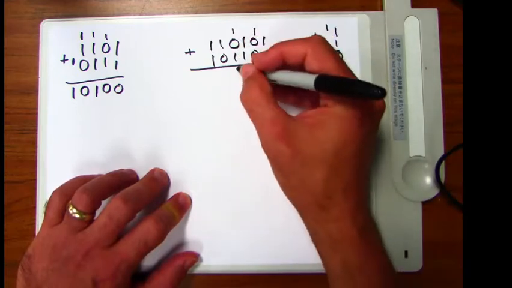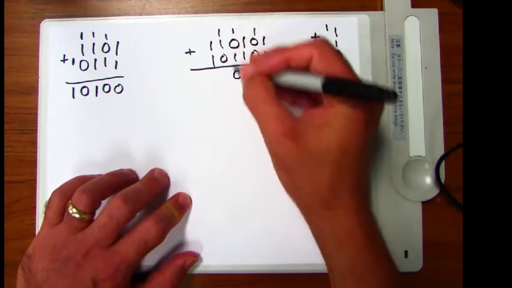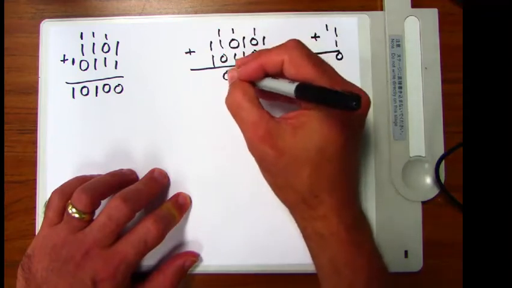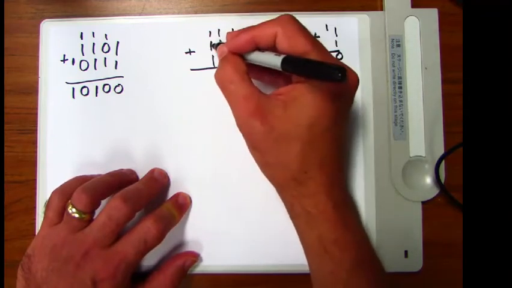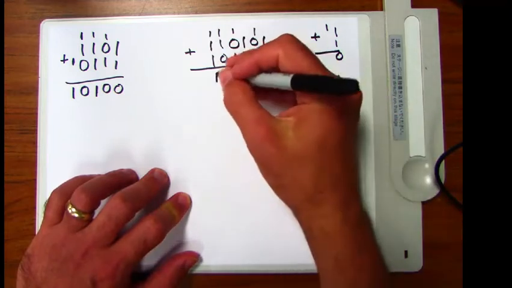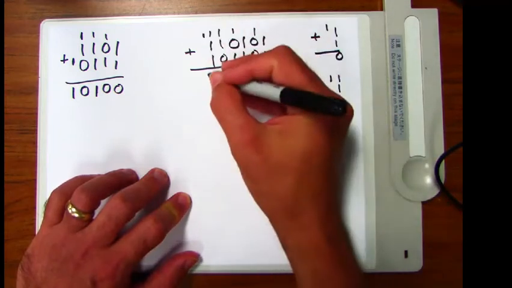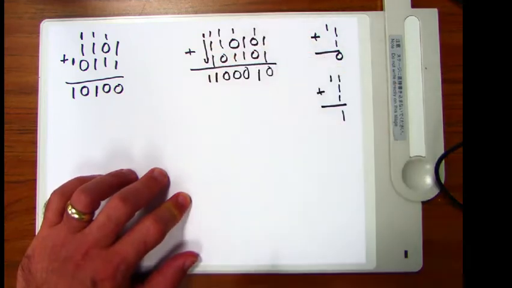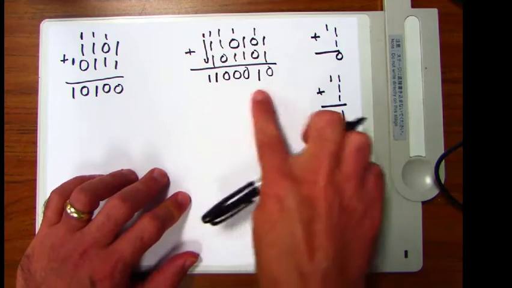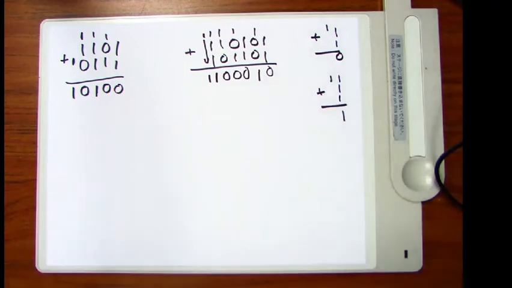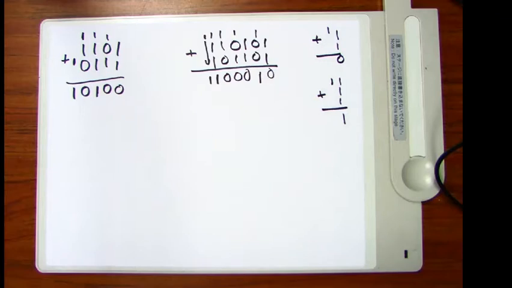What's 1 plus 1? 0, carry the 1. 1 plus 1 is 0, carry the 1. 1 plus 1 plus 1 is 1, carry the 1. So I write the 1, carry the 1, and then with this carry, I'm out of digits, so I just drop that down. So there is my final result, just using those two simple rules.